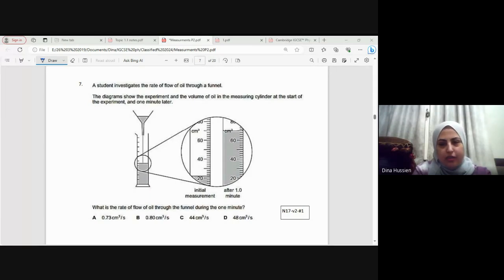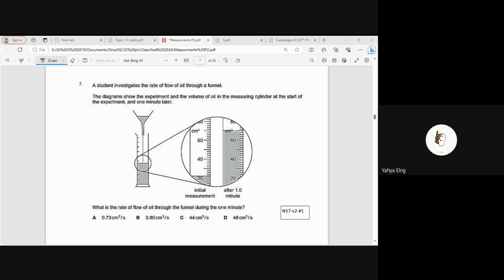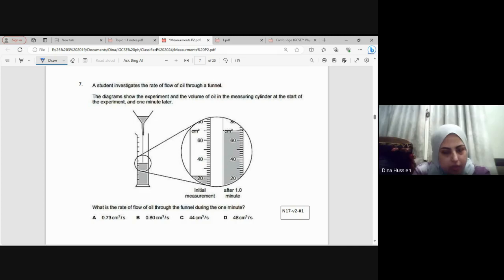Okay, so let's see. Yahya, why did you think it's C? First thing, I thought of the difference: when you add to the 20, you will add 44, it will give you 64, I think. Okay, so you said when you add to the 20, it gives you what?